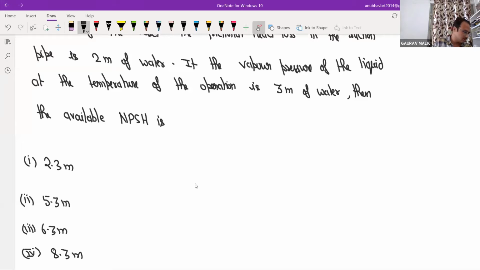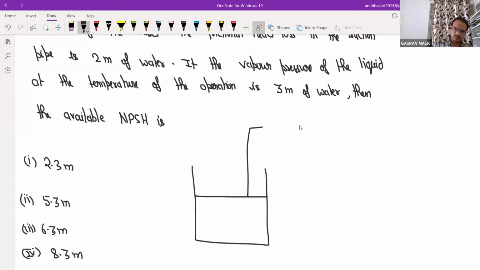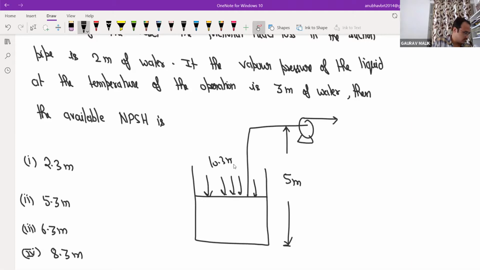I have already told you, as the question number increases, its difficulty level decreases. This is a directly formula based question. It is 5 meter. Here you have 10.3 meter, and this is 2 meter.